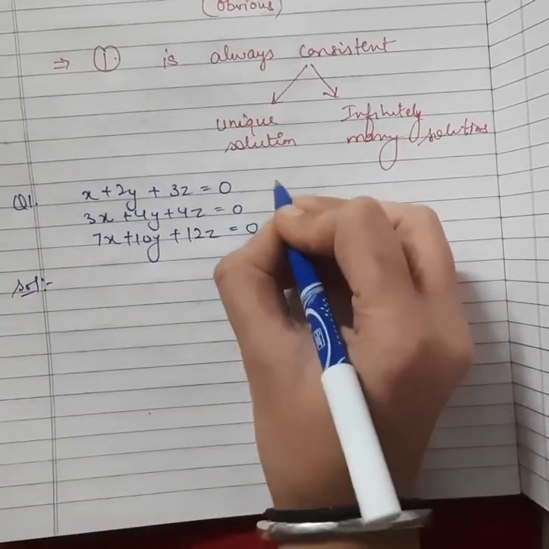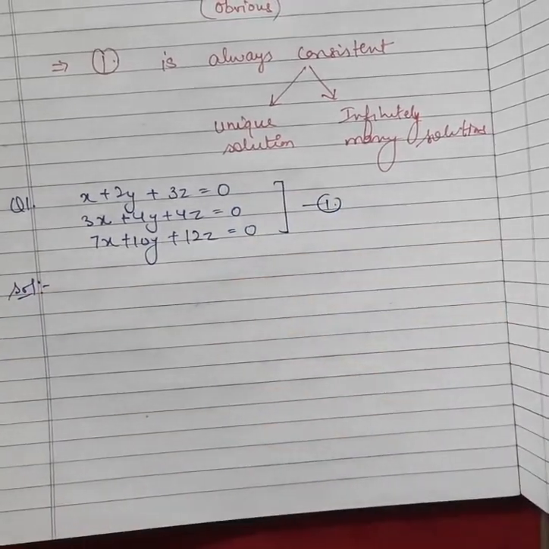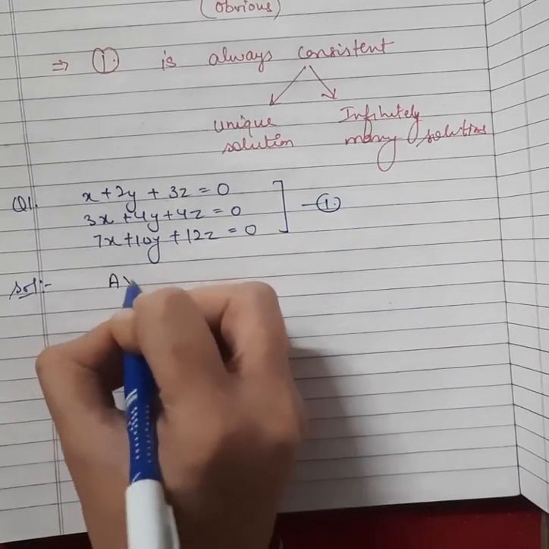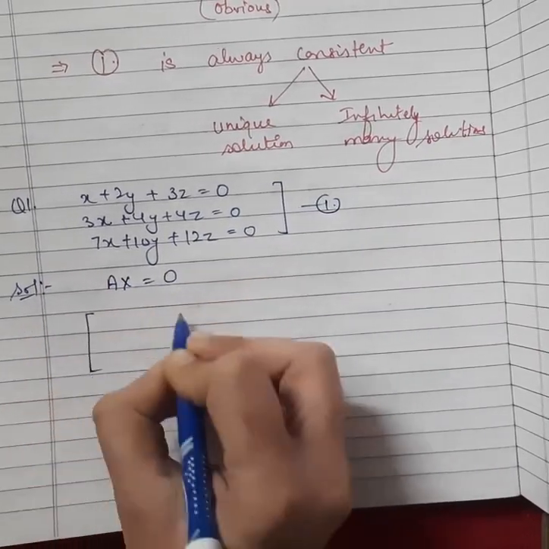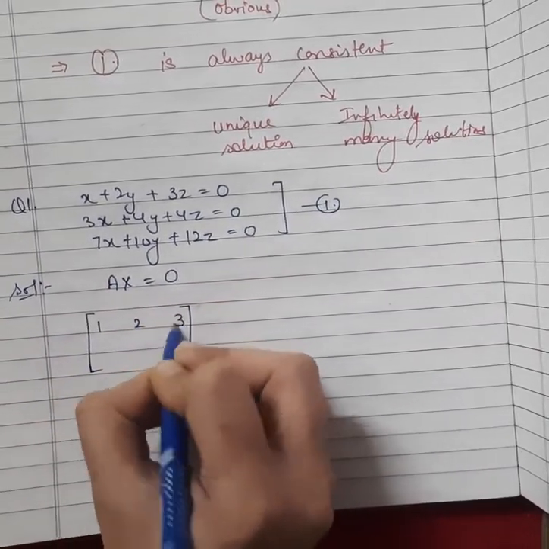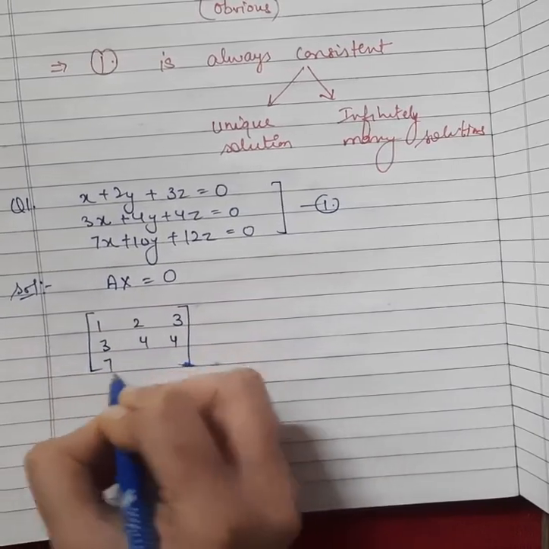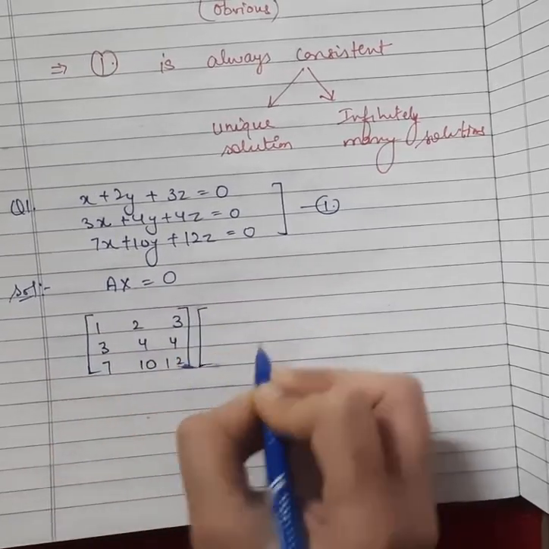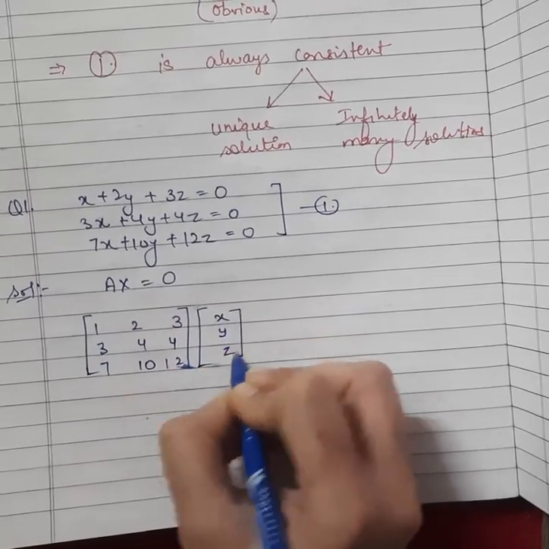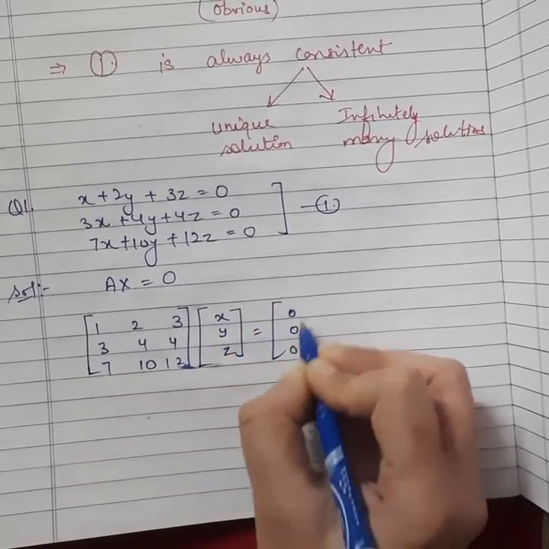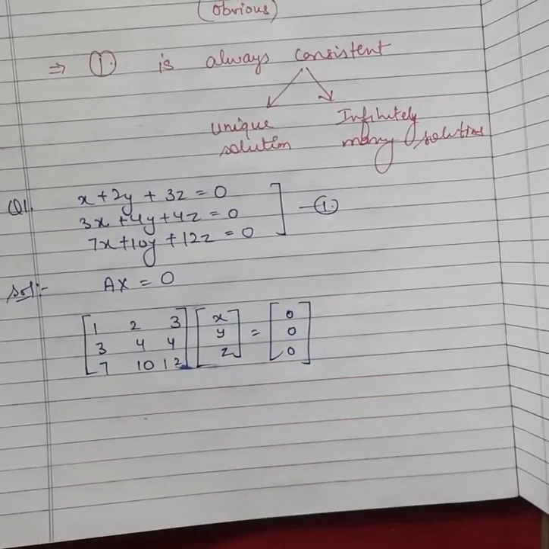Let's rewrite the above set of equations in the form of a matrix, Ax = 0, where A is our coefficient matrix [1, 2, 3; 3, 4, 4; 7, 10, 12], the variables listed are x, y and z, equal to the column vector 0.